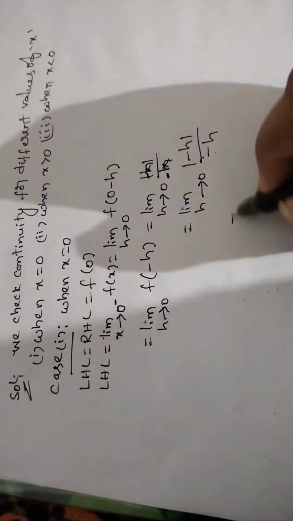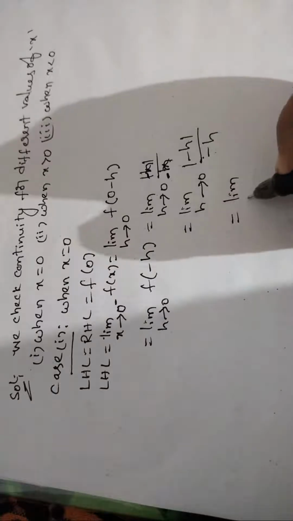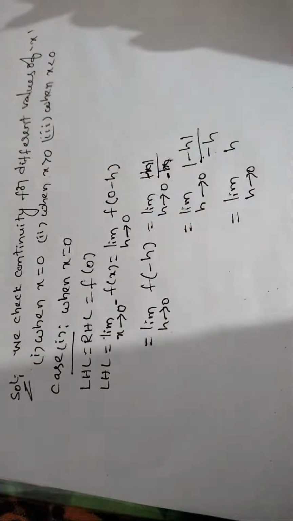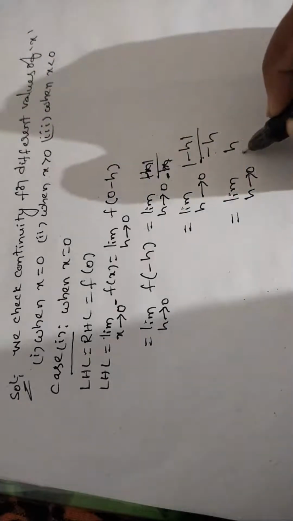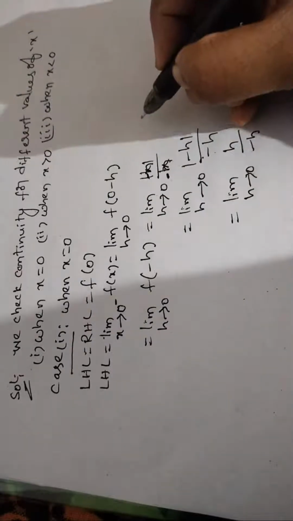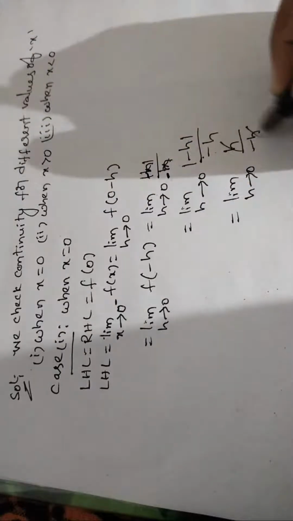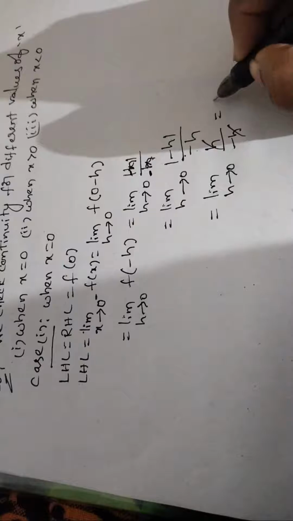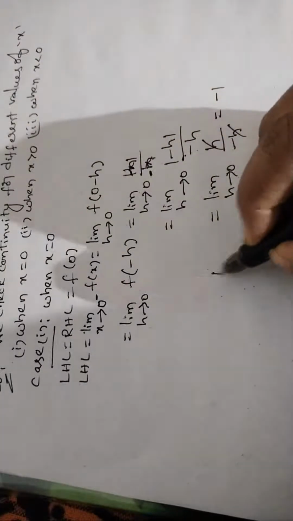Now remove the mod: in the modulus, even if we get negative, it becomes positive. So mod h by minus h, cancel h, it is minus 1. So LHL is minus 1.